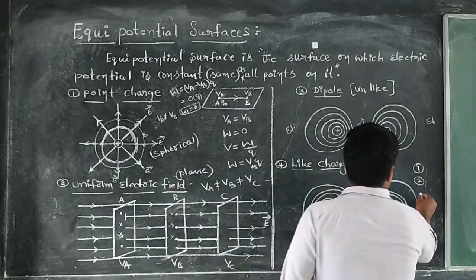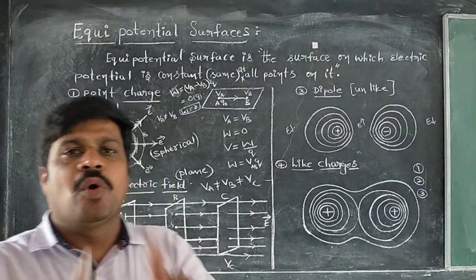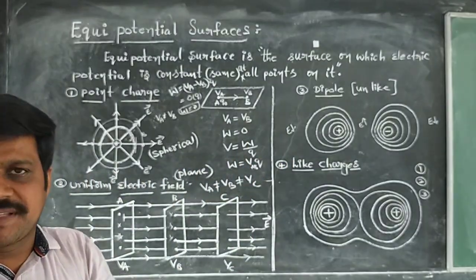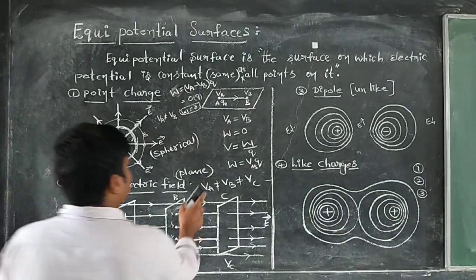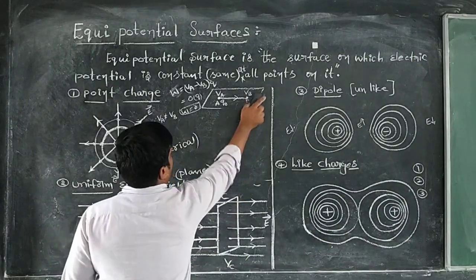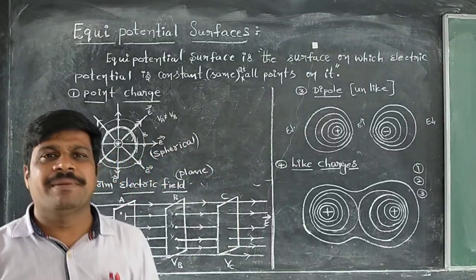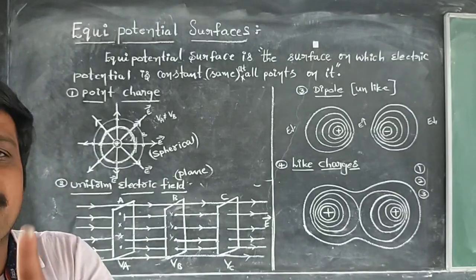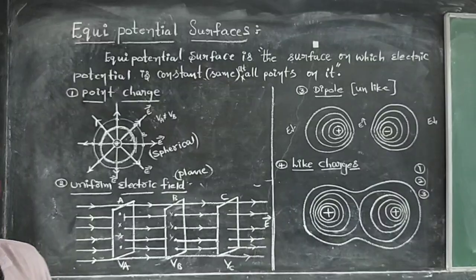The third point is nothing but two equipotential surfaces never intersect with each other. Why?